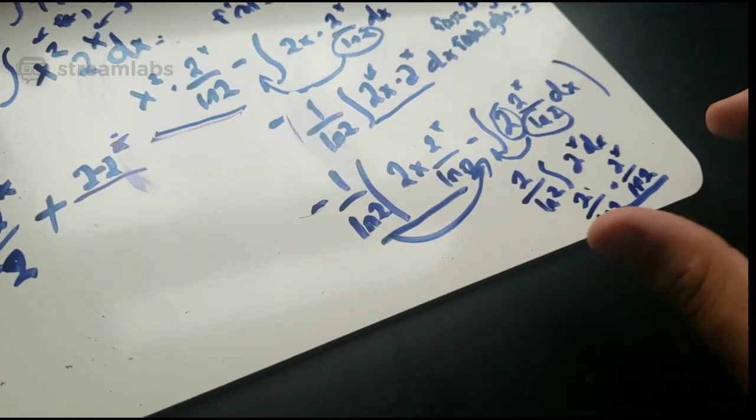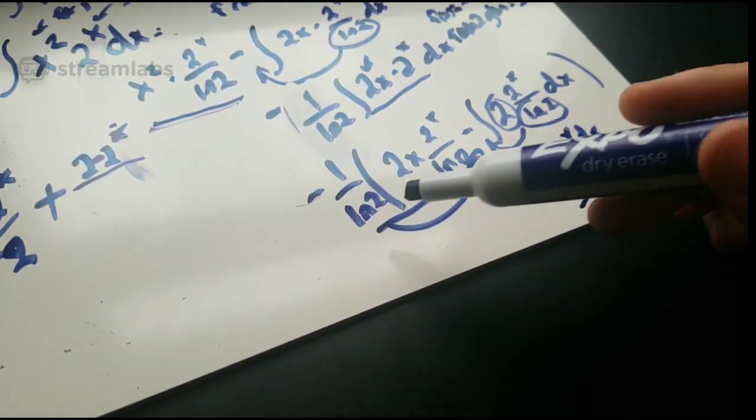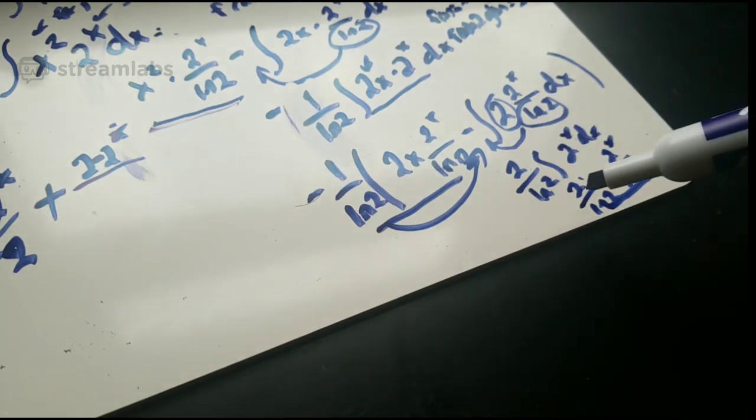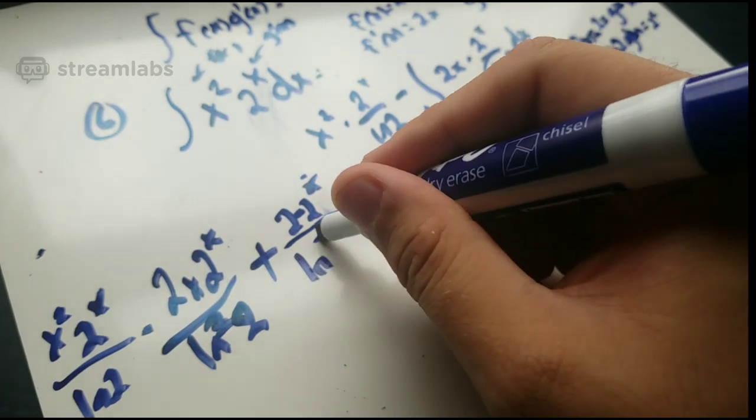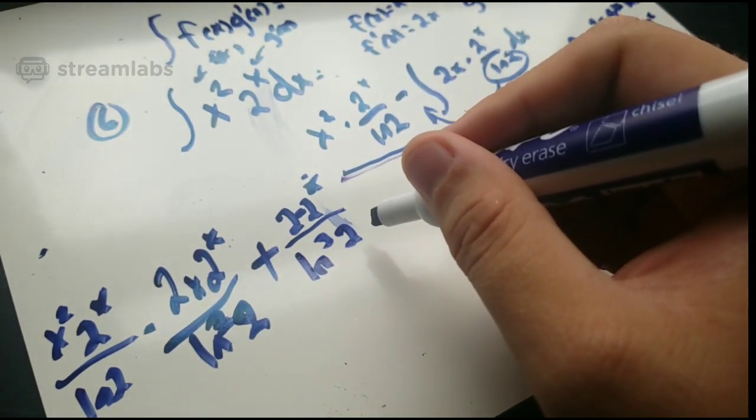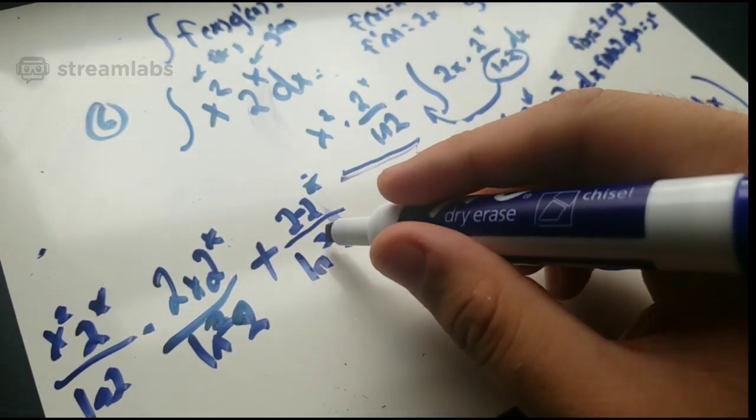Over, we have, let's see, 1, 2, 3 ln 2. So ln cubed 2.